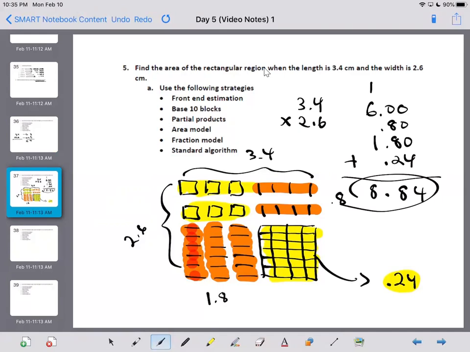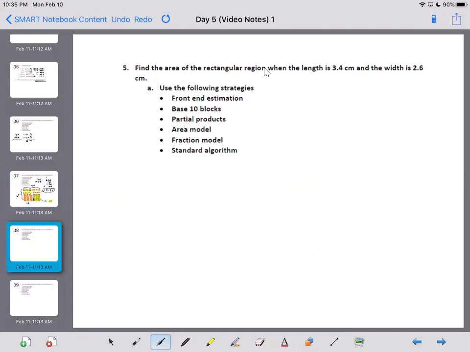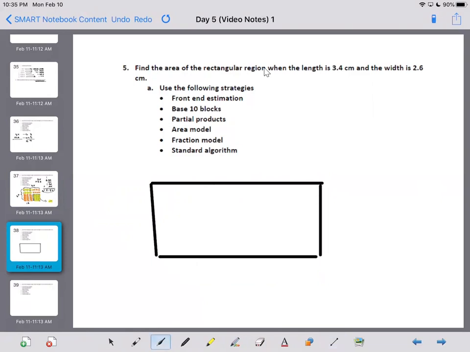All right, let's look at the area model. So make your rectangle. And we're going to have this representing 3, this representing 4/10, this representing 2, this representing 6/10.